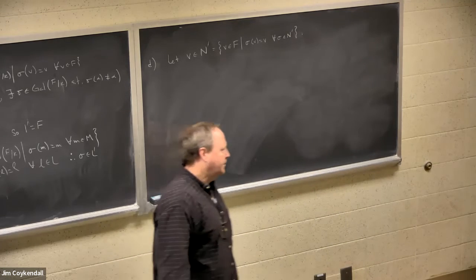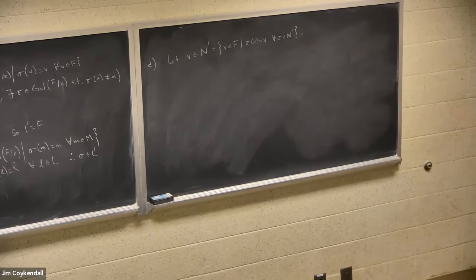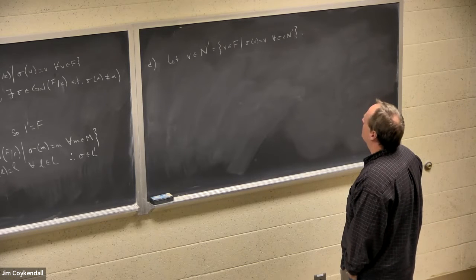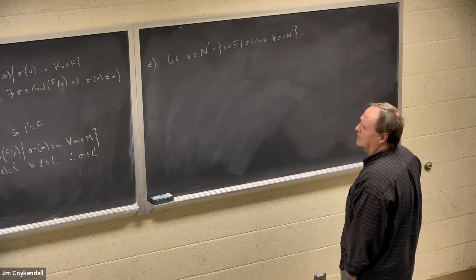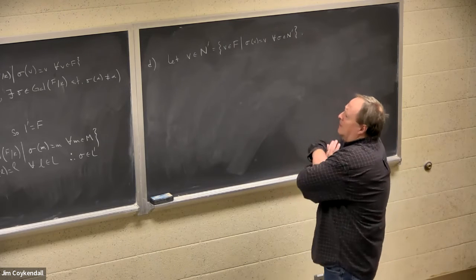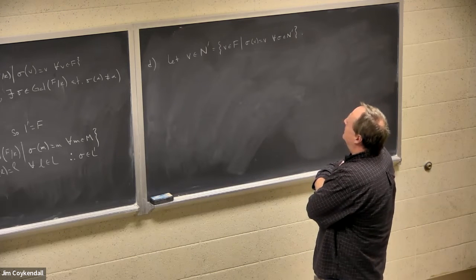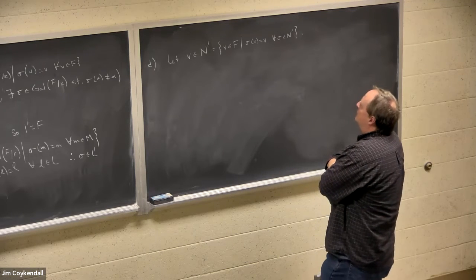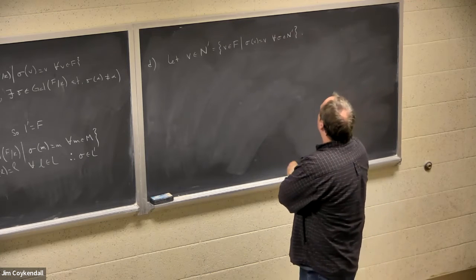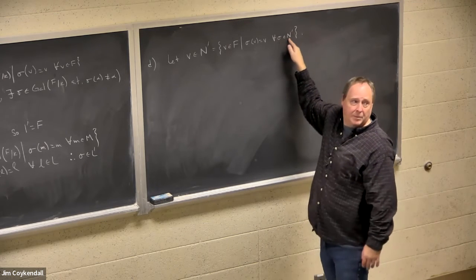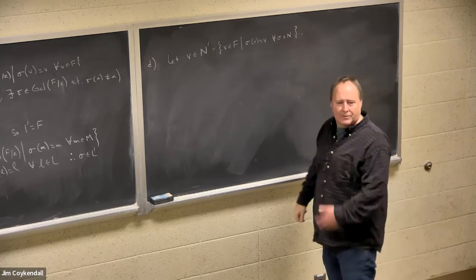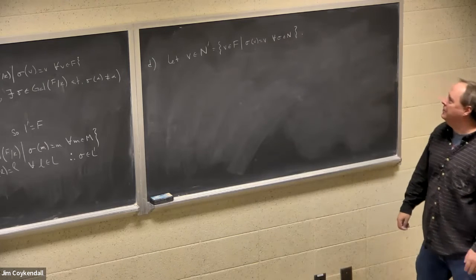You said that V is an element of N prime and you define N prime. You said sigma is an element of N prime. Are these different N primes, or is that not supposed to be? Maybe I messed myself up here. Let's see. V is in N prime, so it should be an element of the field, something in F such that sigma V is V for everything in N. No, that's right, for all sigma in N. Oh, I'm sorry, N. There we go. I put the prime on there for no reason. Okay, that's better.